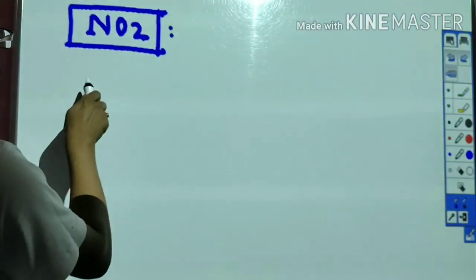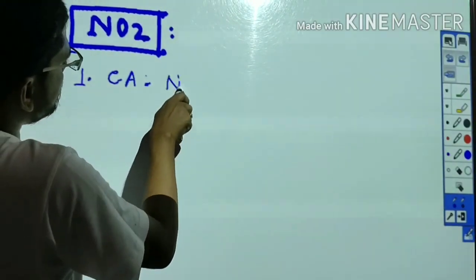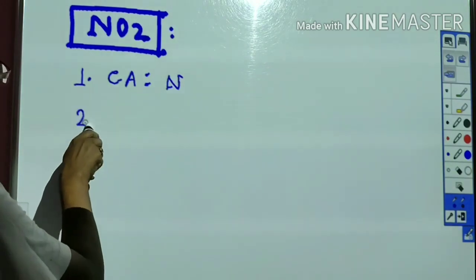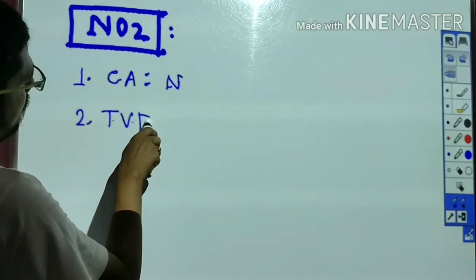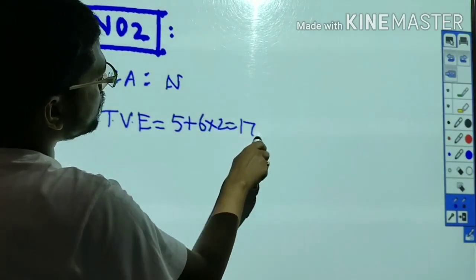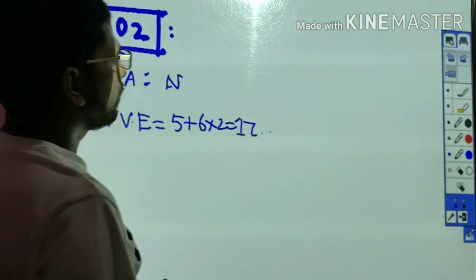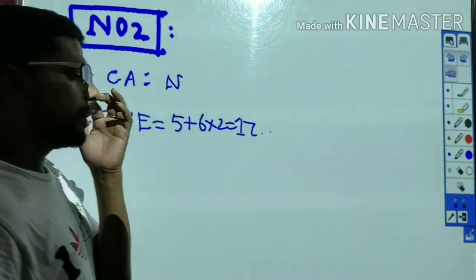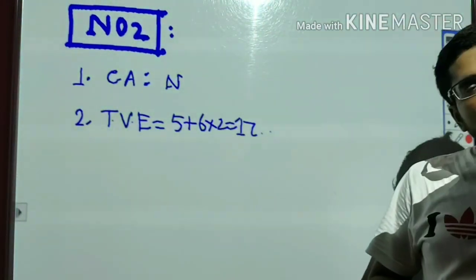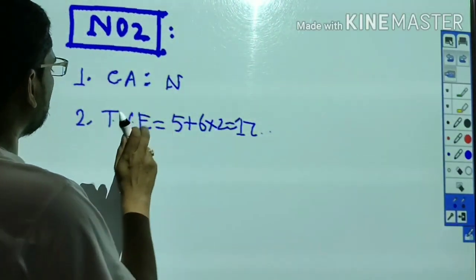First, central atom: nitrogen is the central atom. Second, total valence electron: 5 plus 6 into 2, that will give you 17. If it is 17, the question is whether there will be a lone pair or one unpaired electron. That I will show you. It won't be a big problem.